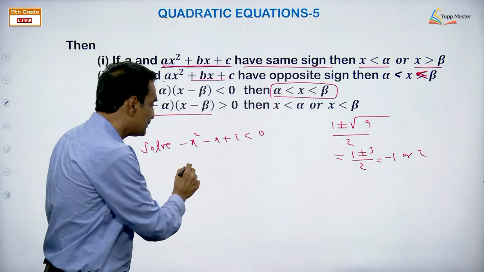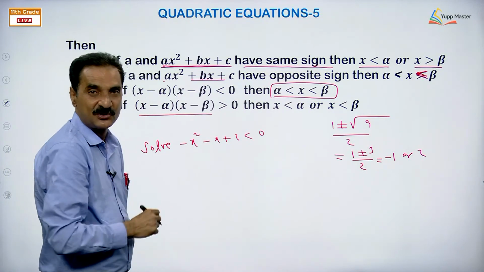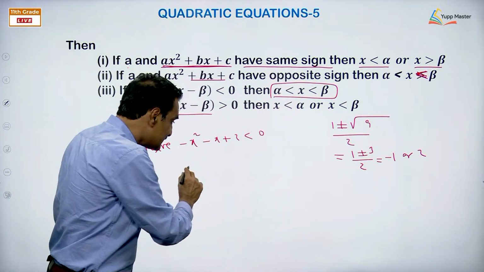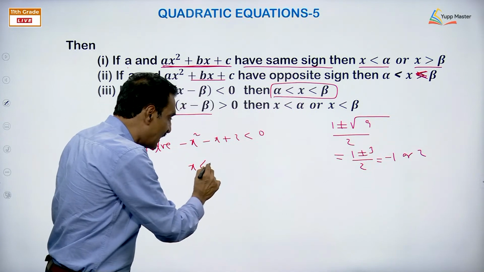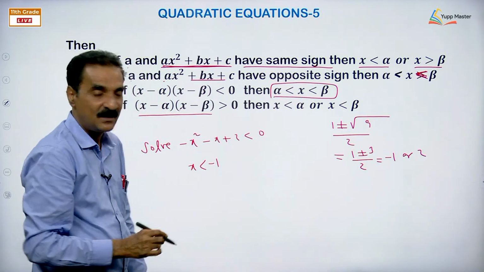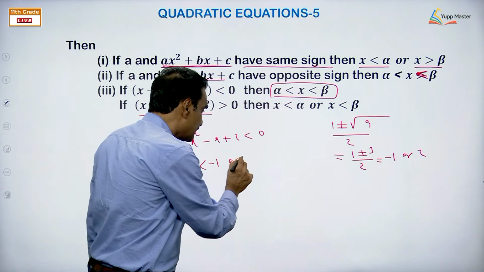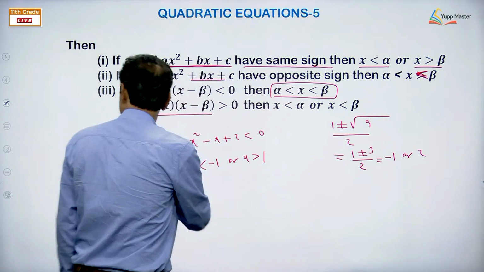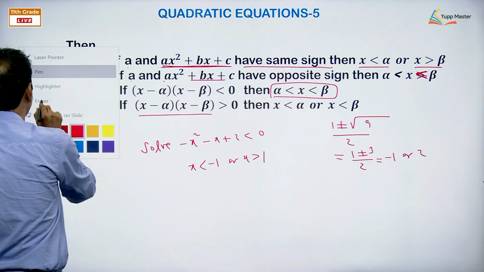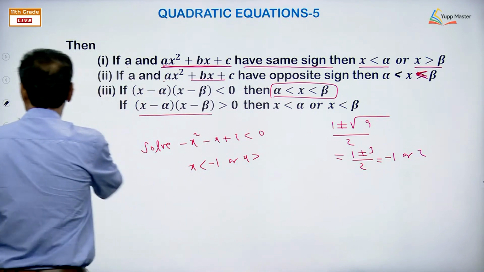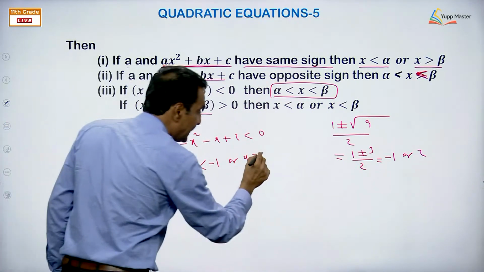Then what is the solution of x? You will write x is less than alpha, alpha meaning the smaller root, minus 1, or x is greater than 2.